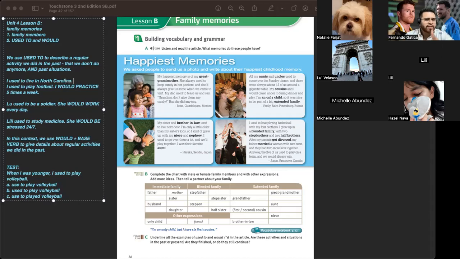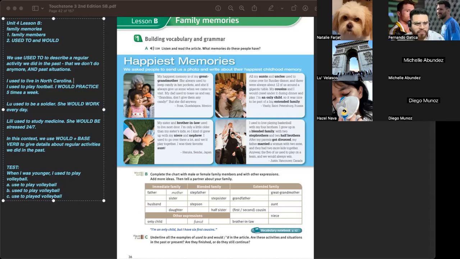That's not a regular activity. That's a situation. Lou used to live in Mexico City. Giancarlo used to live in Chilpancingo. Those are situations, not activities.